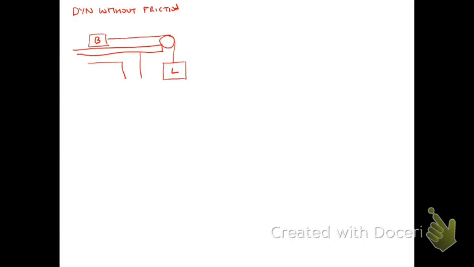It will move. Which way will B go? To the left or to the right? It'll go to the right. Which way will the load go? Will it go up in the air or down? It goes down. Things fall, yeah?